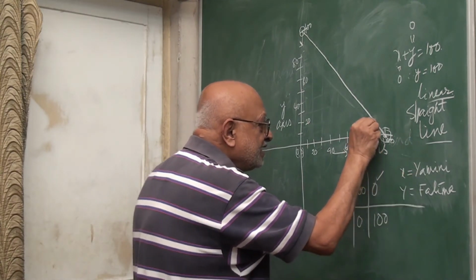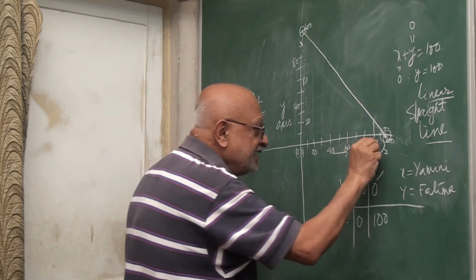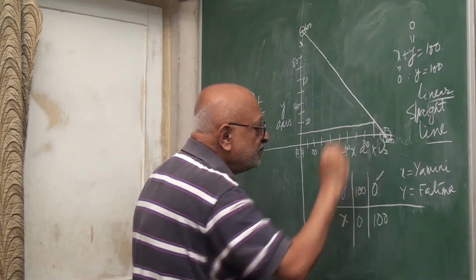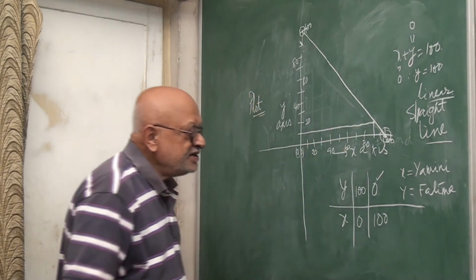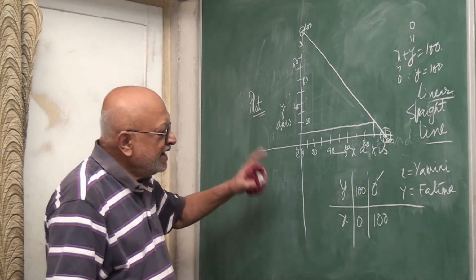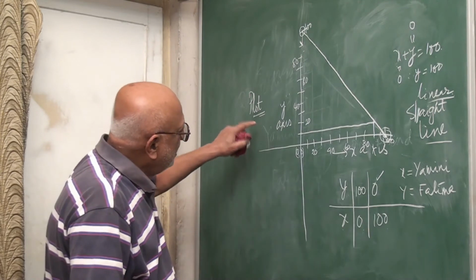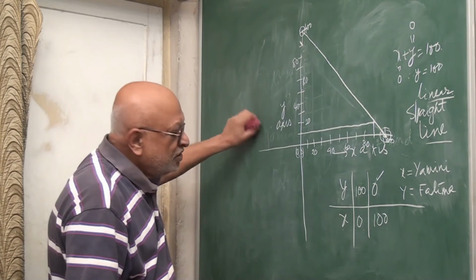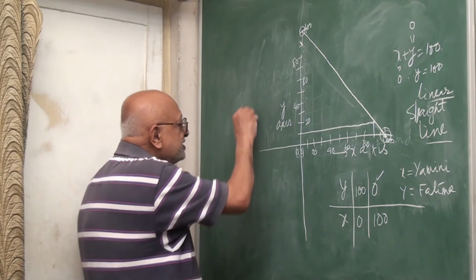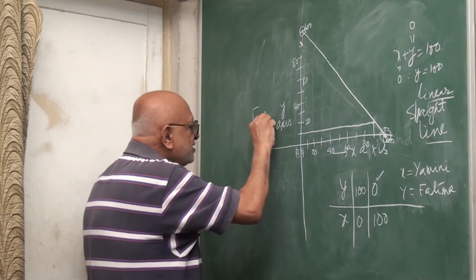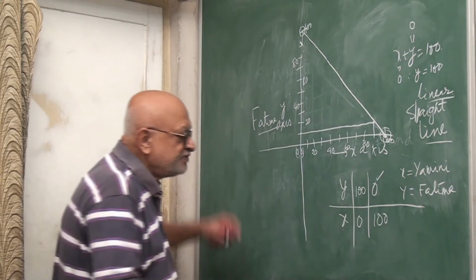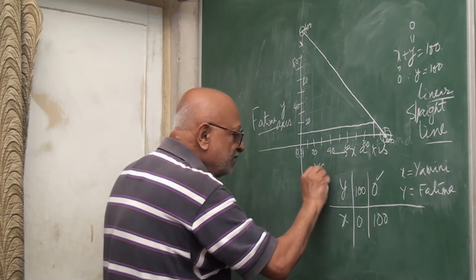Yamini paid 90, whereas the other girl paid 10. Okay, let's put the names here. y is Fatima, so Fatima paid only 10. Now, do you understand that? I'll go a little bit slow on this. So this is Fatima and this is Yamini.